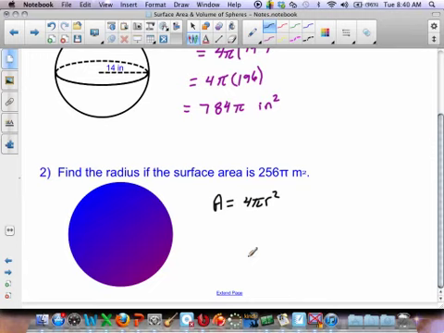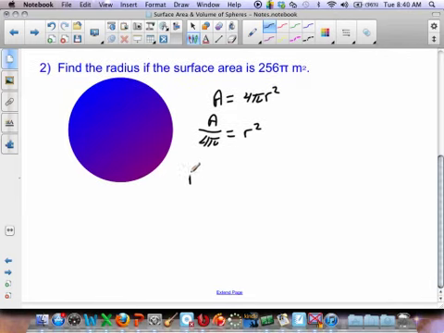Okay, the 4, and what else can I get rid of with the 4? Pi. So A divided by 4 pi equals r squared. Now what do I have to do to solve for r? It's square root. So r is the square root of A over 4 pi.